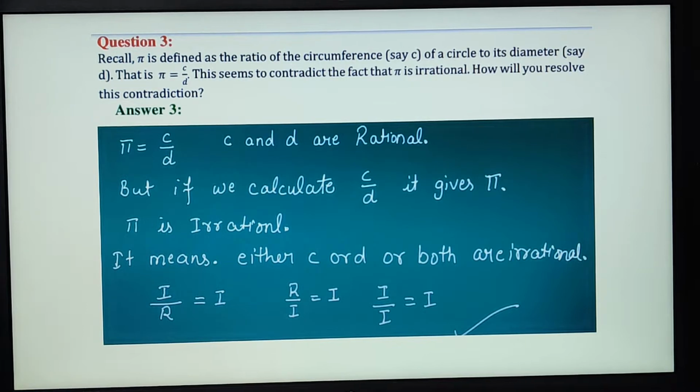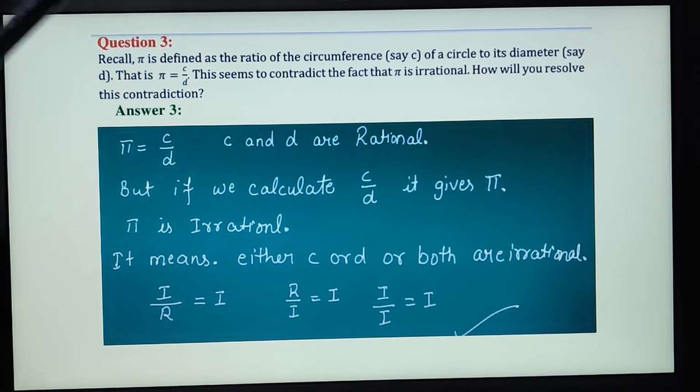So pi is defined as circumference upon diameter, but it says that pi is c by d. It seems to contradict the fact that pi is irrational, but we know that pi is an irrational number.